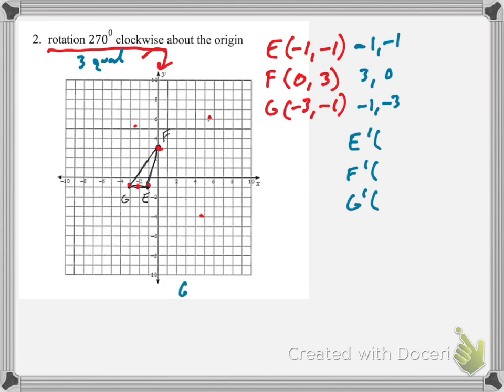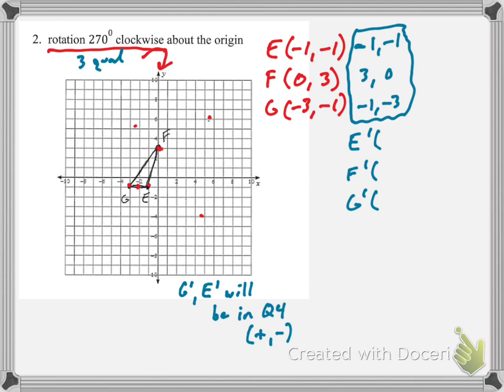So G prime and E prime will be in quadrant 4. Well, the signs in quadrant 4 are positive, negative. So again, I am looking at these numbers right here. So E prime will be 1, negative 1.